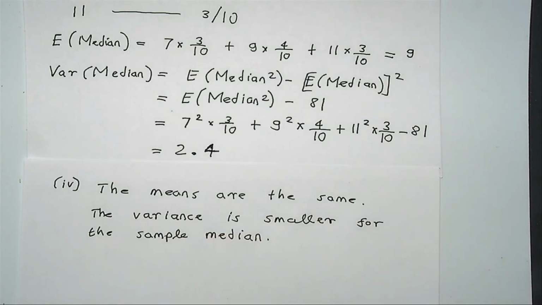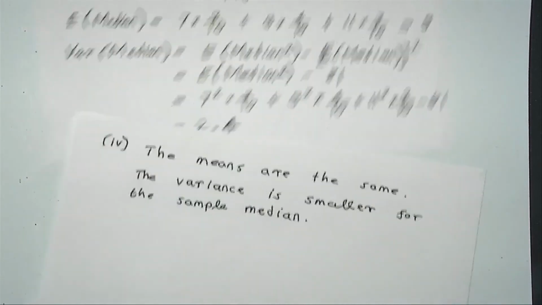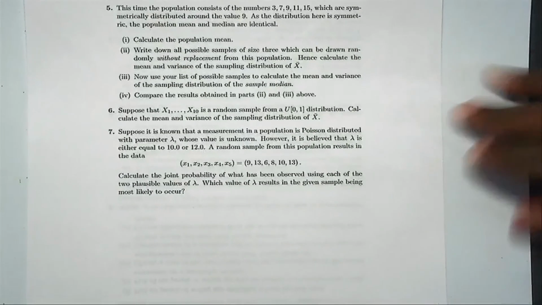Okay, it's smaller for the sample median, right? Okay, so this completes question 5 of tutorial sheet 2, right? So let's go to the next one, which is question 6.